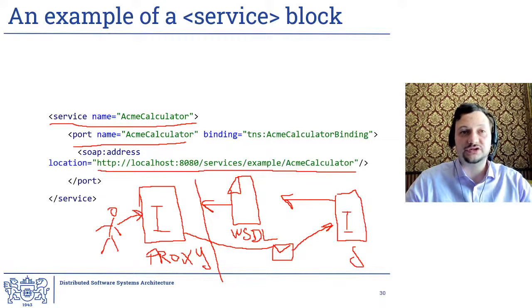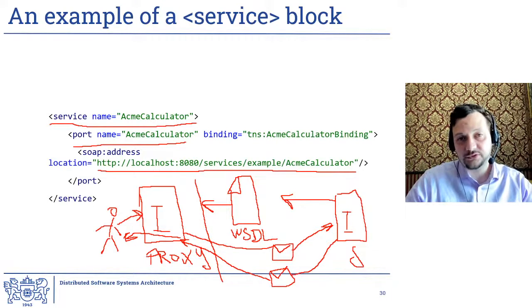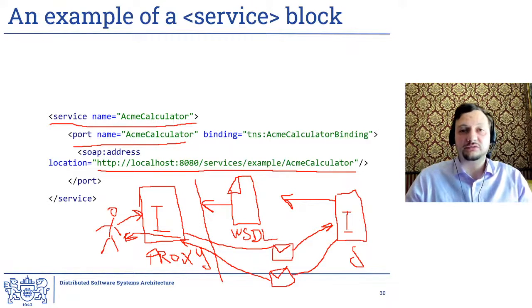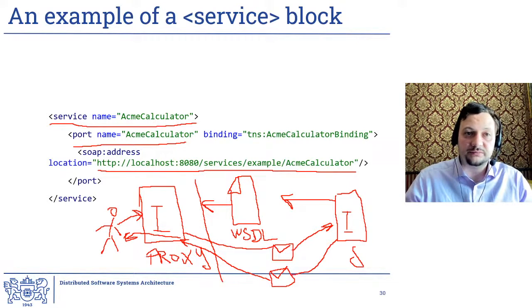The remote service analyzes this request and sends the response back to the proxy, and then the proxy gives the results to the client. So that is how the remote procedure call is implemented using XML Web Services.